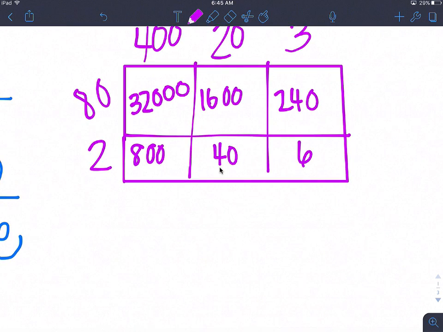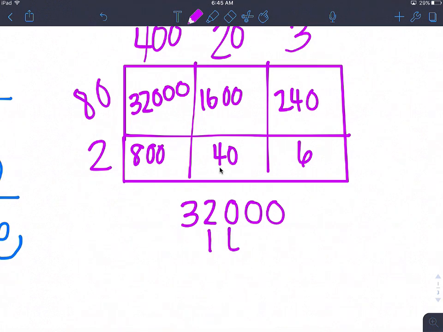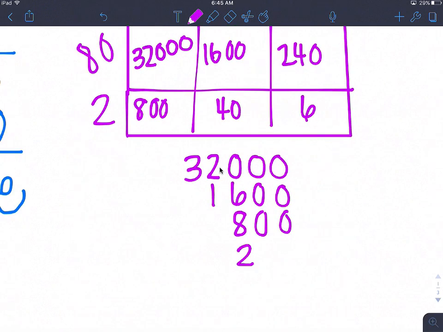Now I'm going to very carefully line this up. So I have 32,000, 1,600, 800, 240, 40, and 6.